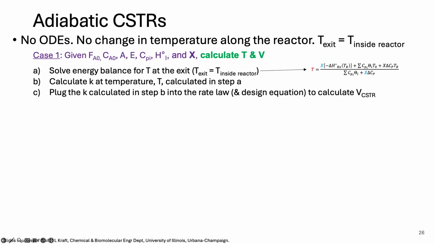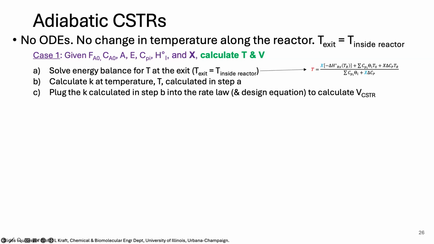What about CSTR? Well, here we don't have any differential equations, and we just have an algebraic design equation. How we're going to model that depends on what information we're given. Okay, so let's keep in mind that a CSTR is well mixed, so there should be no temperature variation along the reactor.